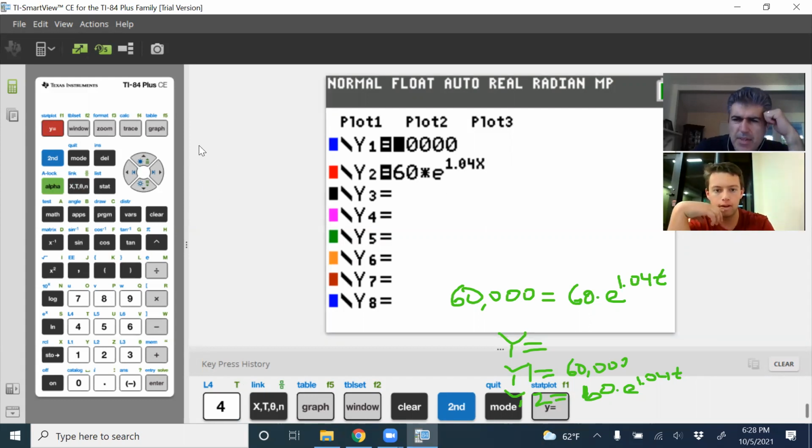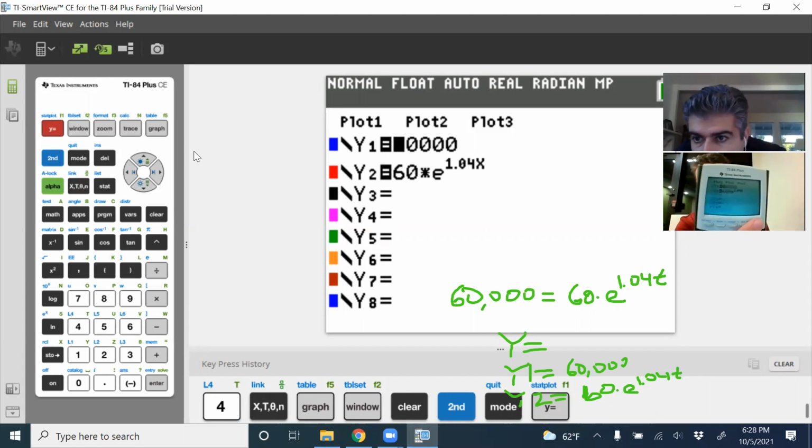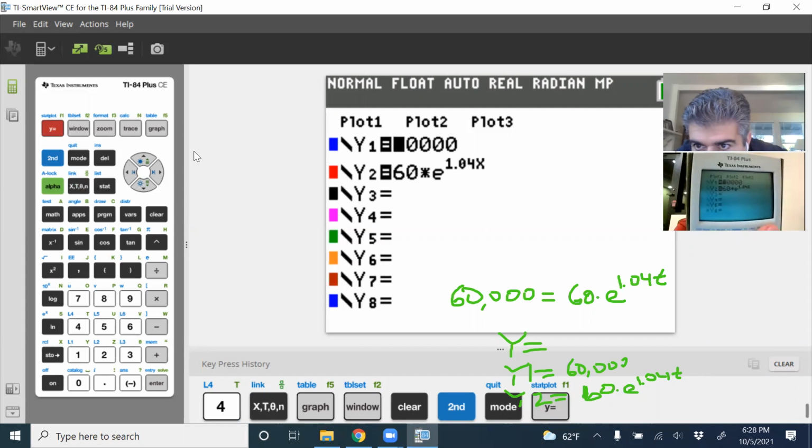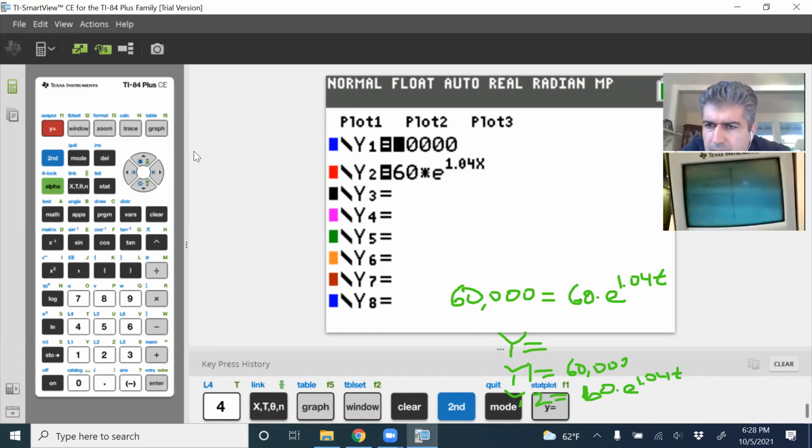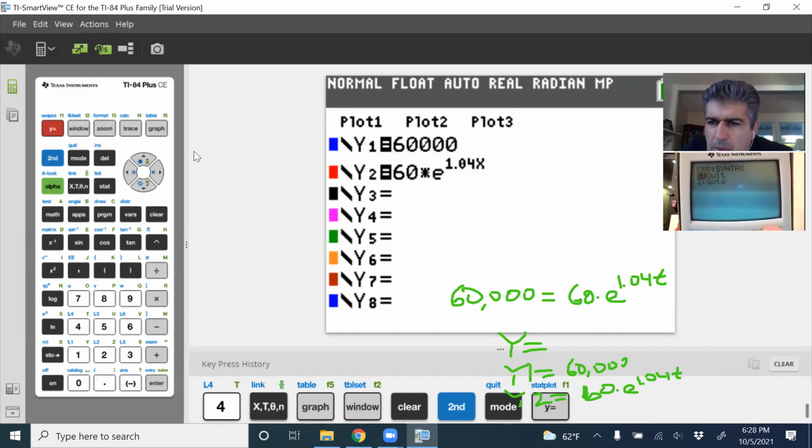Okay. And when you hit graph, you got a syntax error? Yeah, so I got the graph and everything, and then it just does a syntax error right after. Can you go back to Y equals and type it in again? Okay, then I'll hit graph. Okay, just hit graph. Okay, go back to Y equals one more time.